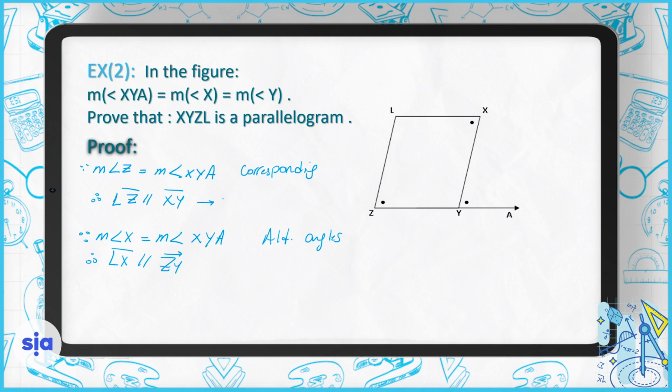If we call this number 1 and we call this number 2, we can easily now say from 1 and 2, XYZL is a parallelogram.